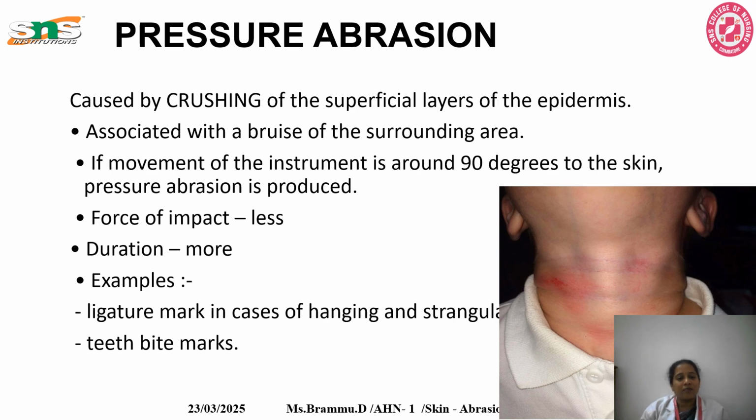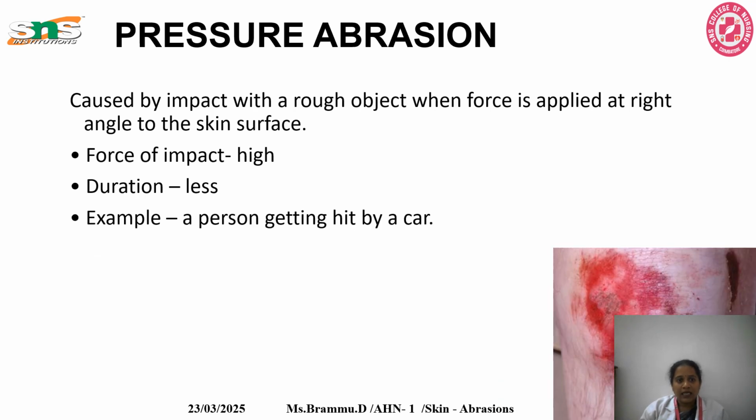The force of the impact is less, but the duration is more. Might be the ligature in case of strangulation or hanging, or teeth bite marks. And here you can see the impact is very high and the duration is very less. Might be a person being hit with a car.